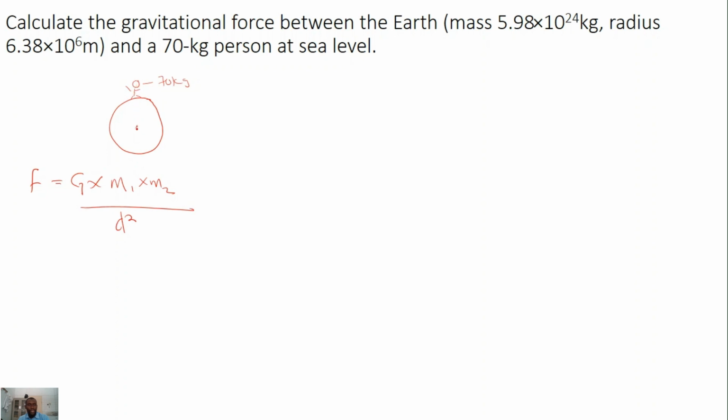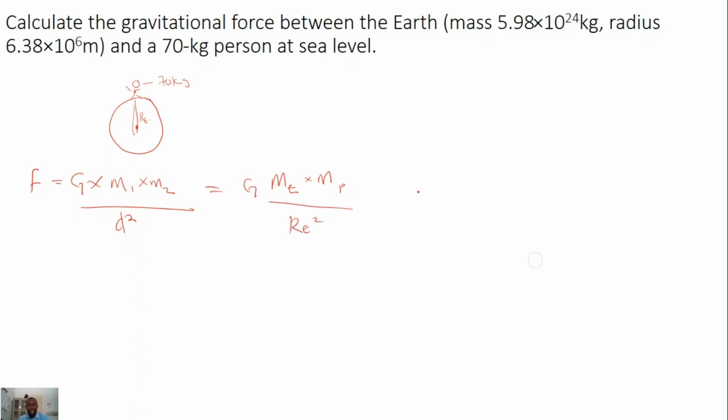If this person is on the surface of the earth, we know the distance between this person and the center of the earth is the radius of the earth. Okay? So therefore, our formula will be G, mass of the earth, times the mass of the person all over RE squared.